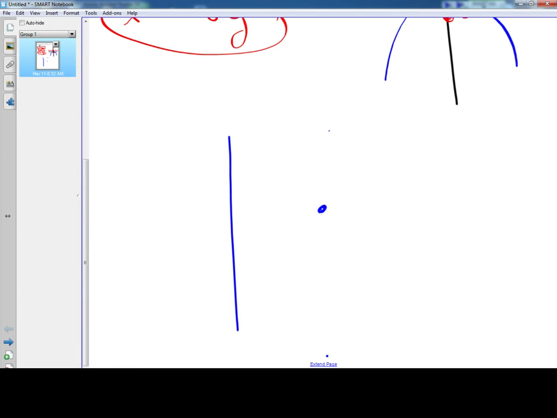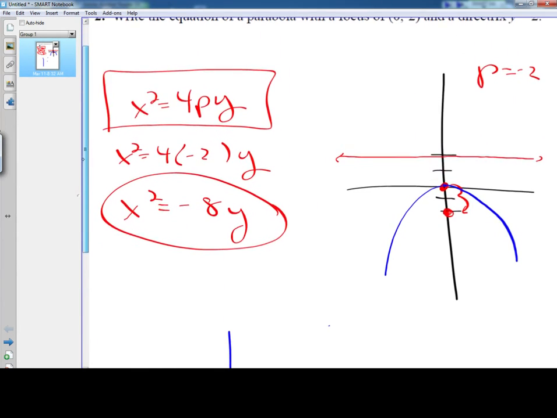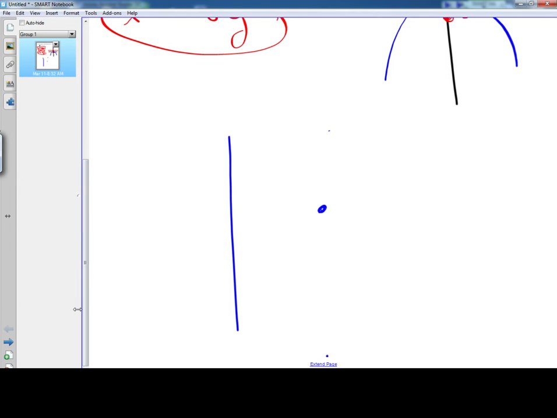That's a fantastic way of thinking about it. If my directrix is horizontal, then my parabola is vertical. If my directrix is vertical, then my parabola is horizontal. And then I just have to face my focus.